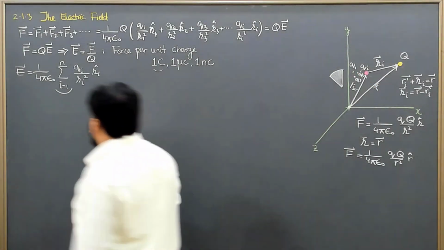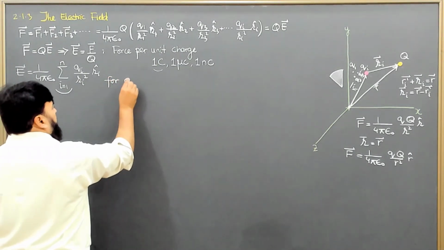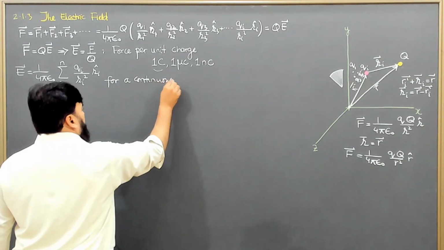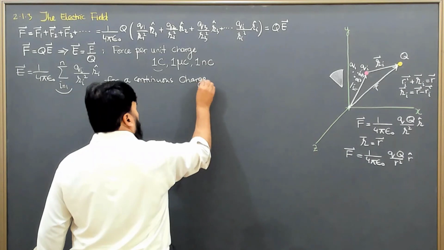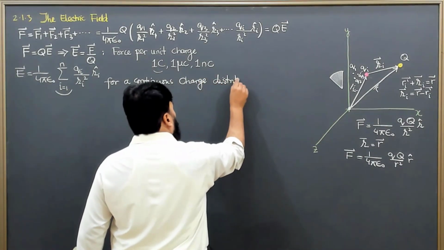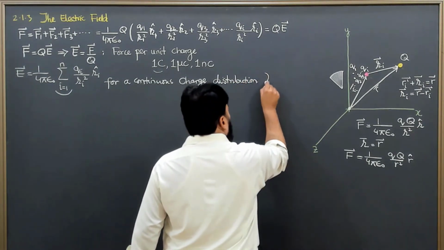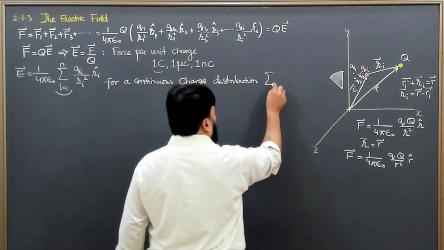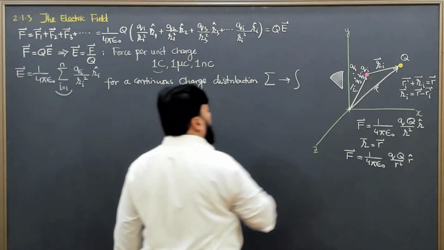So for a continuous charge distribution, because it will be a distribution, this capital sigma will go to integration, as continuity comes in.